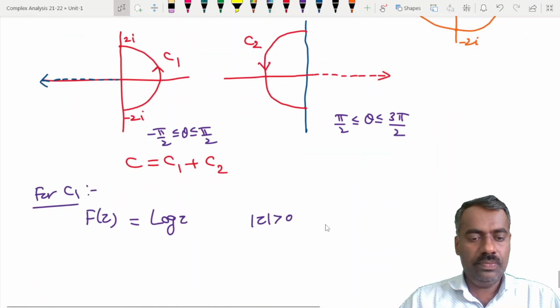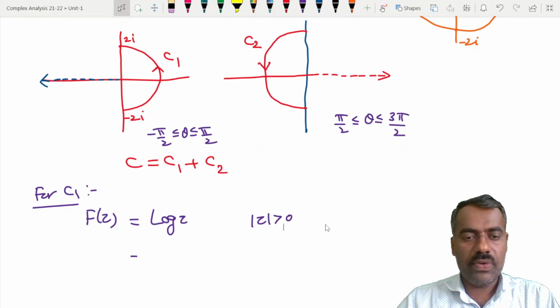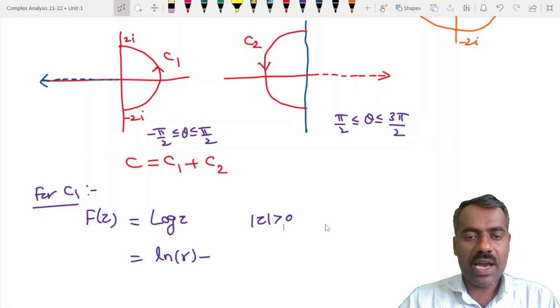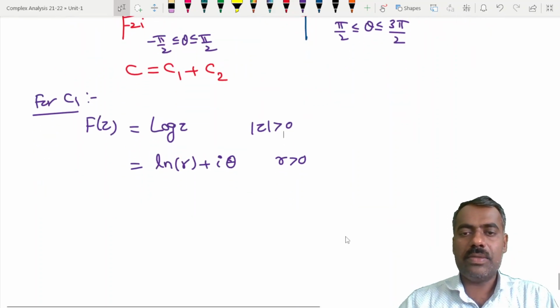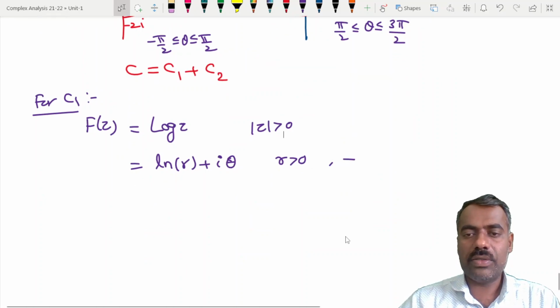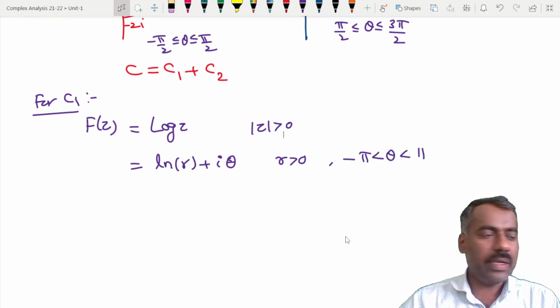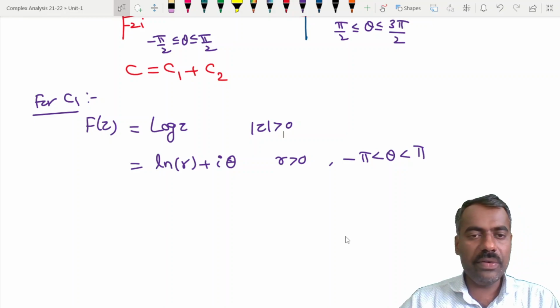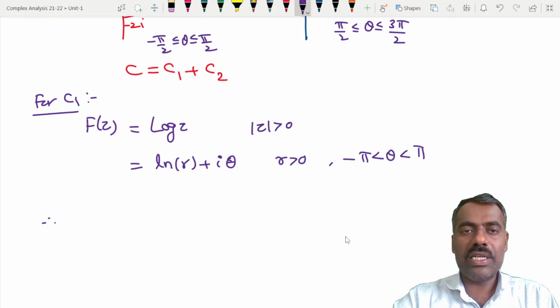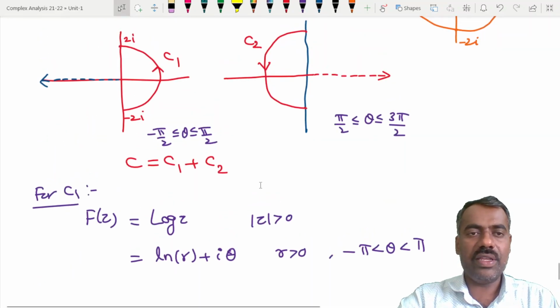Or if you want, you write natural logarithm of r plus i times theta, where r is greater than 0 and theta is in the principal range from minus pi to pi. Now you can observe that whatever points we are considering, it is defined everywhere, there is no problem.